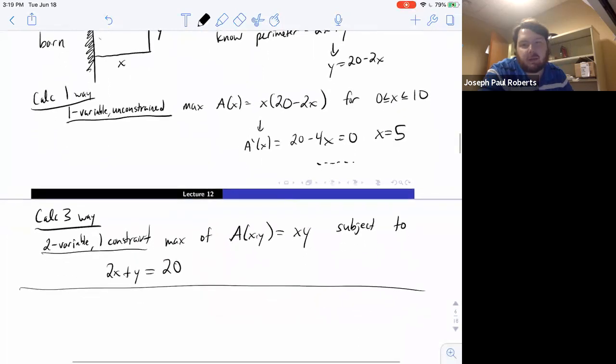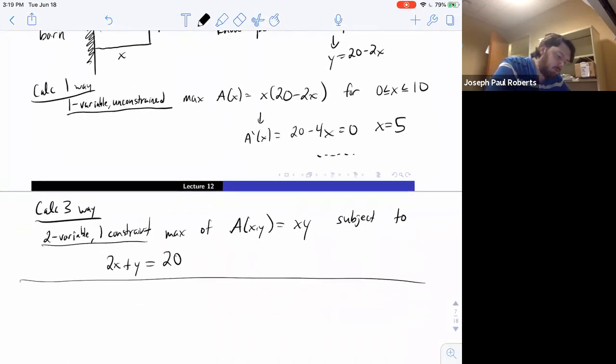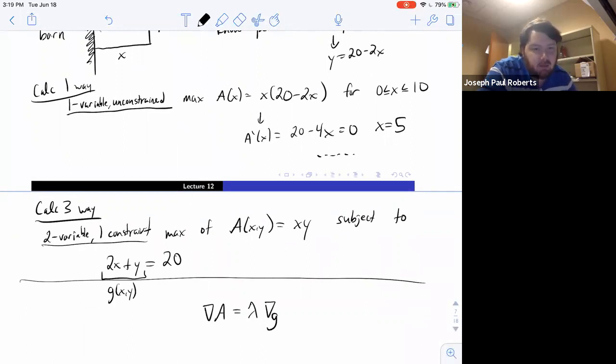This is the type of thing we did yesterday with Lagrange multipliers. You would set up gradient of A, because we're using A instead of F, is lambda gradient of G, where G of xy is that 2x plus y.